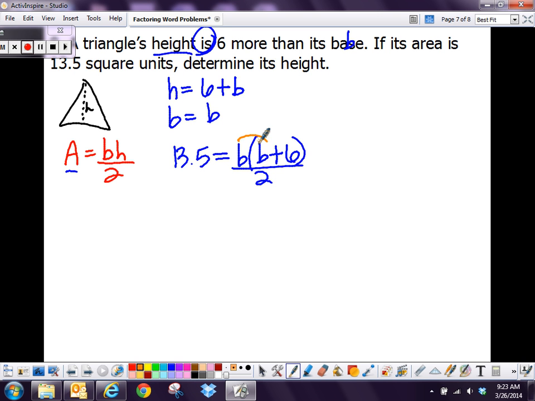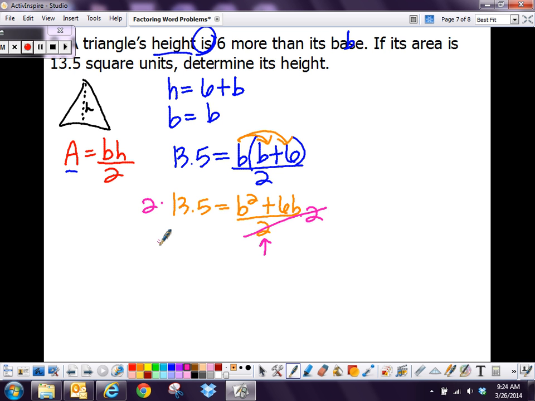Now, there's a couple of different things I need to do here. I'm going to go ahead and distribute the B, and I'll simplify that. So 13.5 equals B squared plus 6B over 2. Now I need to get all of this on the same line together, so I need to get rid of the divided by 2. If I want to undo division, I multiply both sides by 2. That's going to cancel that 2 out.